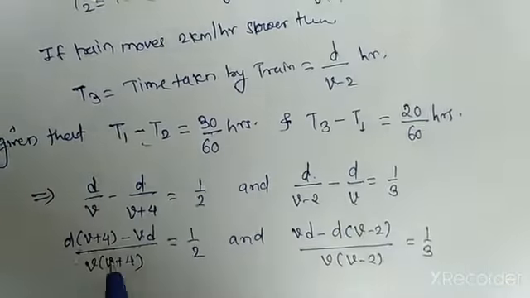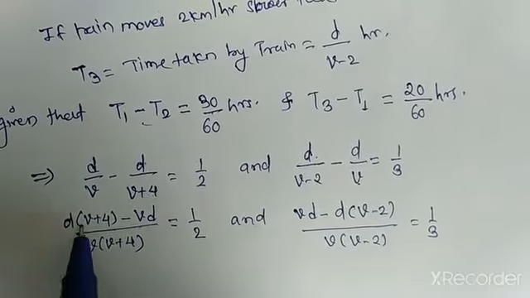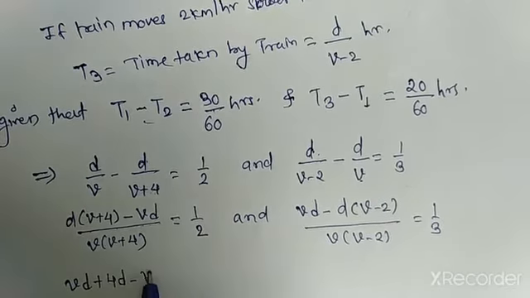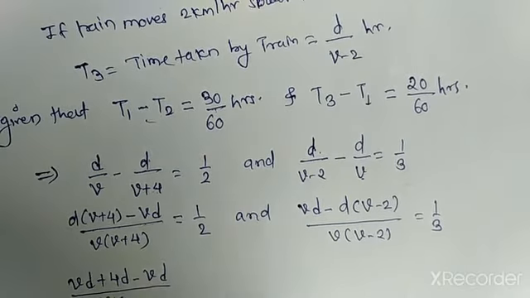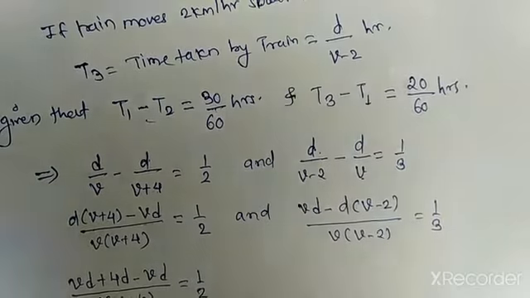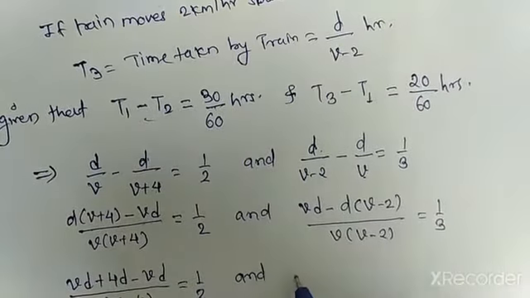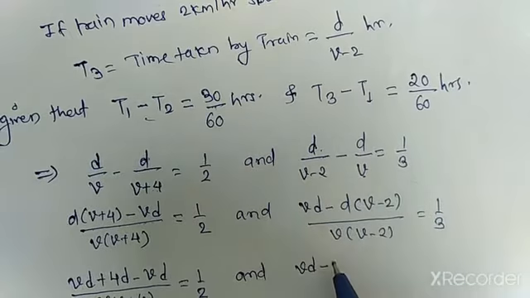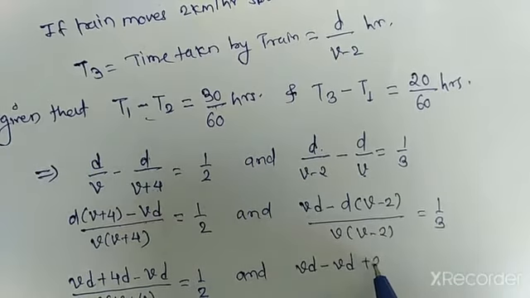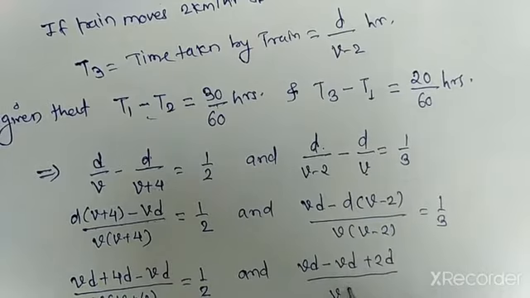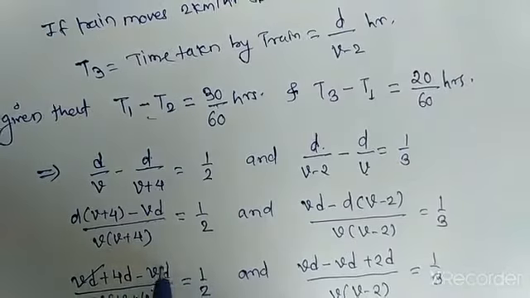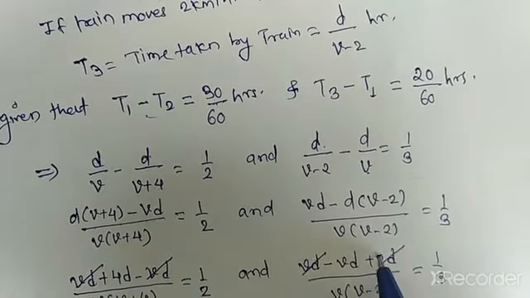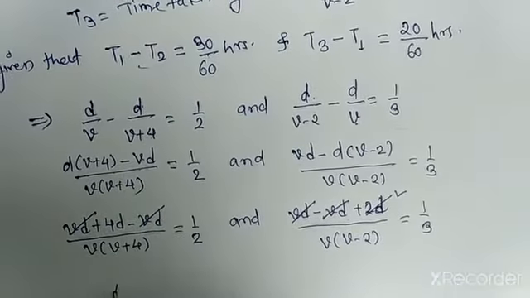So here it will be v into d plus 4d minus v into d divided by v into v plus 4 is equal to 1/2. And here also v into d minus v into d plus twice d divided by v into v minus 2 is equal to 1/3. So here vd will be cancelled, and it will remain 4d.